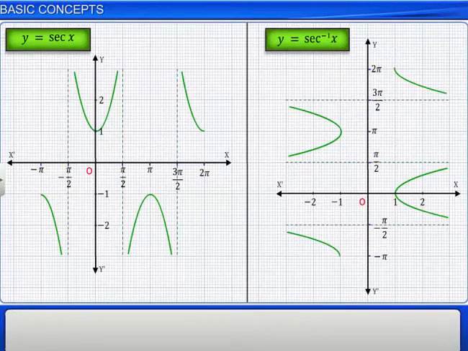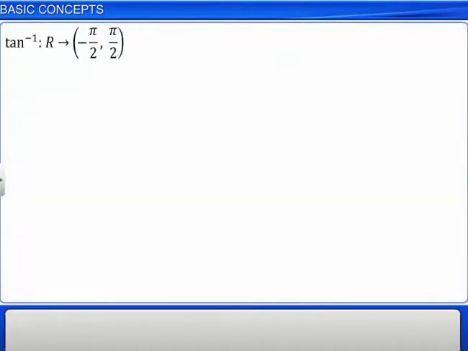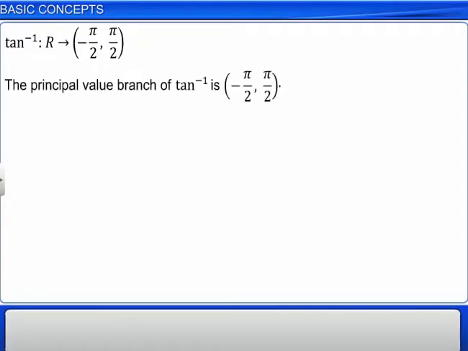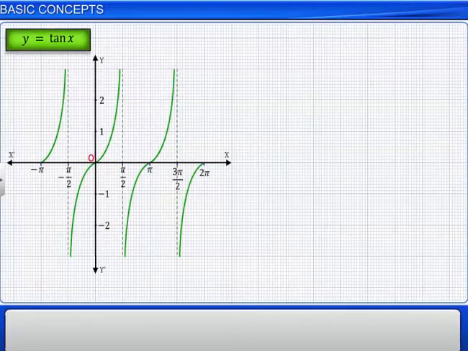The domain and range of the inverse tangent function are the set of real numbers to open interval minus pi upon 2 to pi upon 2. The principal value branch of tan inverse is an open interval minus pi upon 2, pi upon 2. The graphs of the functions tangent and its inverse are given here.